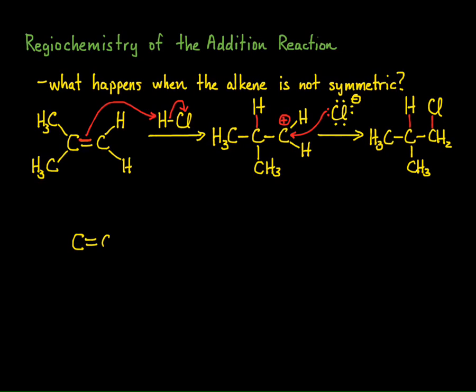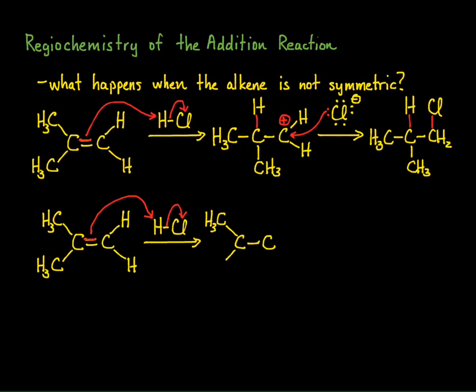Now, another possibility is, again, taking our 2-methylpropene, reacting it with HCl. Again, the electrons in the pi orbital are going to attack the sigma star of HCl. And this time, I'm going to put the hydrogen on the right-hand carbon, and the left carbon becomes the carbocation.